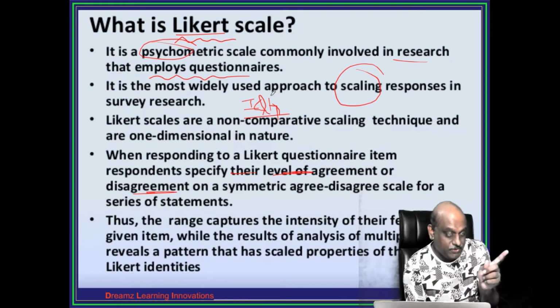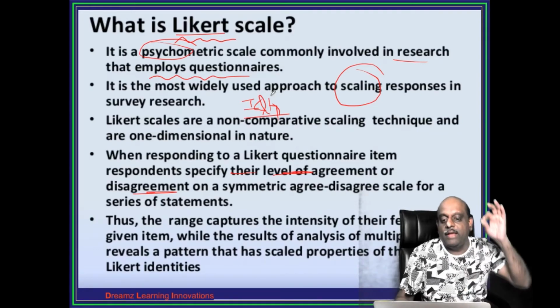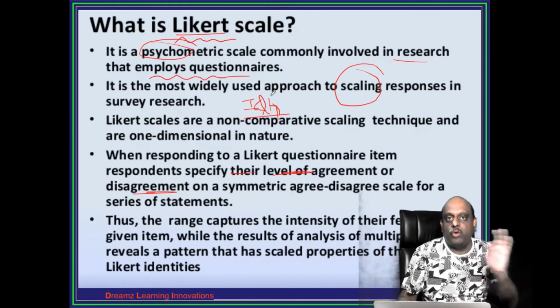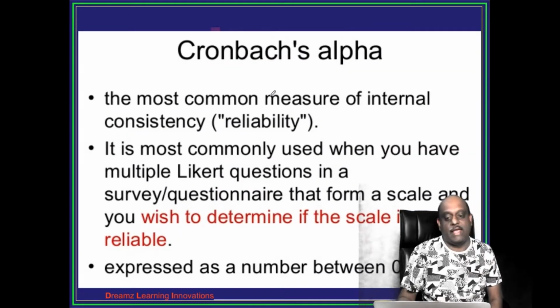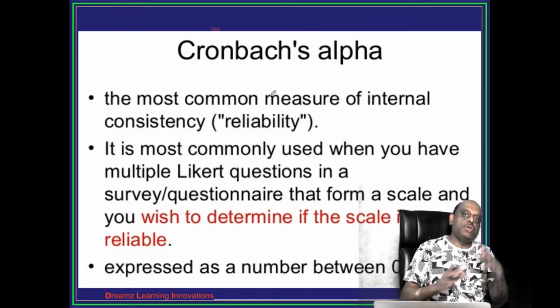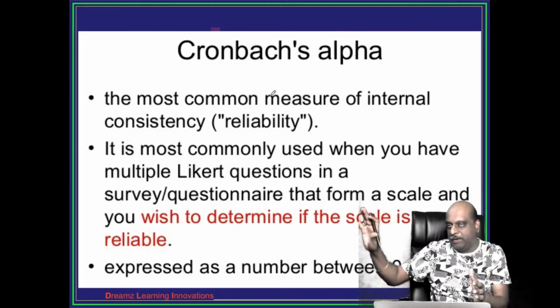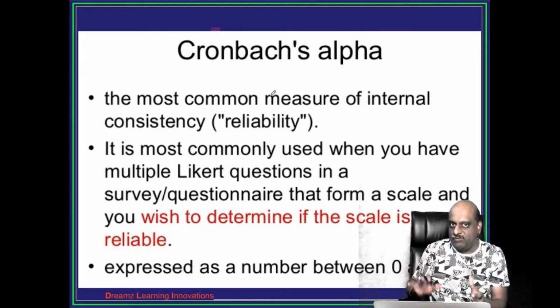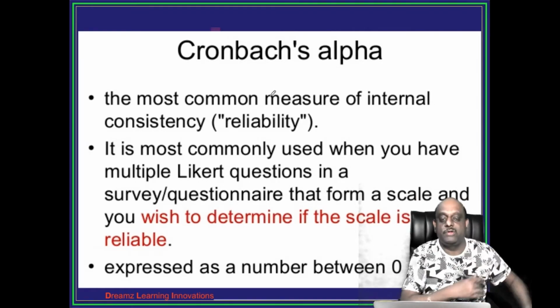Multiple responses you have given for each of the variables, right? So that is how a psychometric scale which employs questionnaires is the Likert scale. Based on the Likert scale questionnaire, each individual variable has multiple degrees of responses, and based on that you will draw the conclusions.